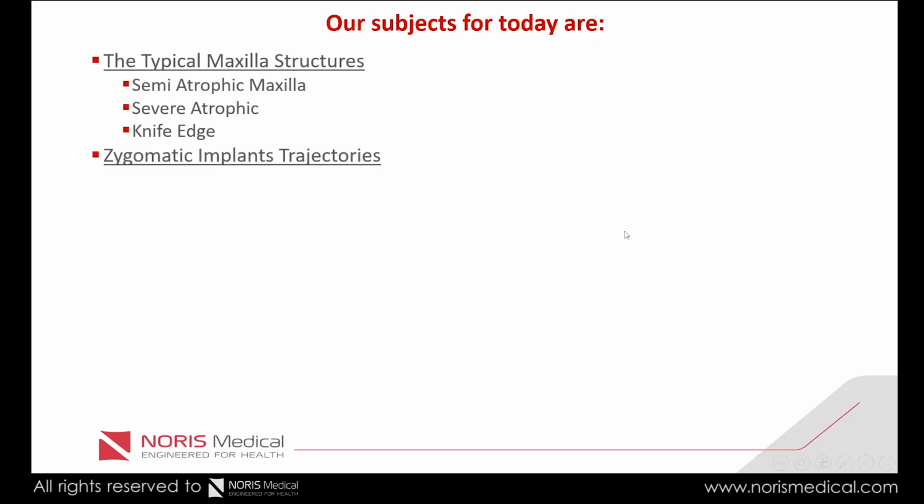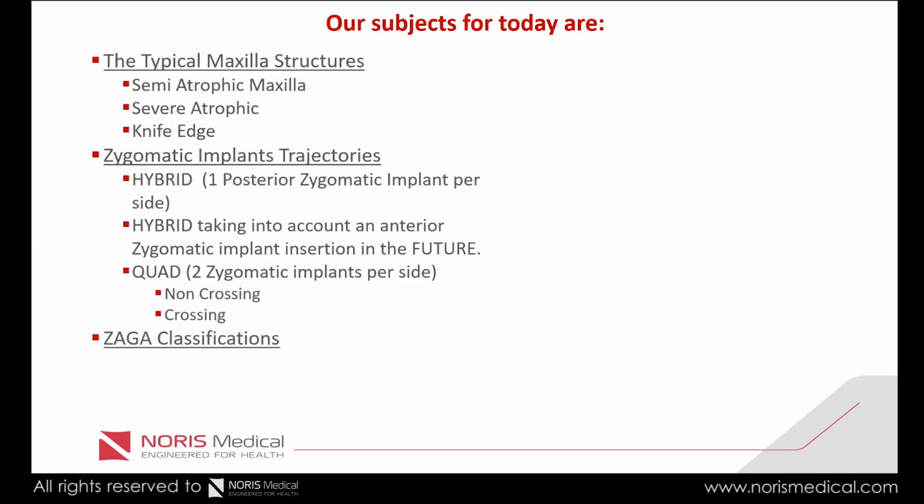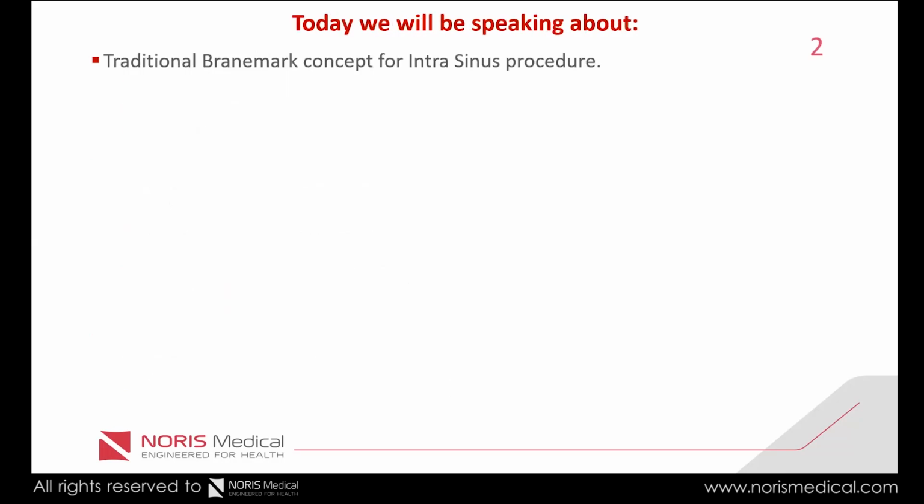Zygomatic implant trajectories: hybrid, one posterior implant per side; hybrid taking into account an anterior zygomatic implant insertion in the future; quad zygoma, 2 zygoma implants per side, where there could be several trajectories, non-crossing or crossing. We'll go over the Zaga classifications from Dr. Carlos Aparicio, and I'll be presenting Zaga classifications in reality.